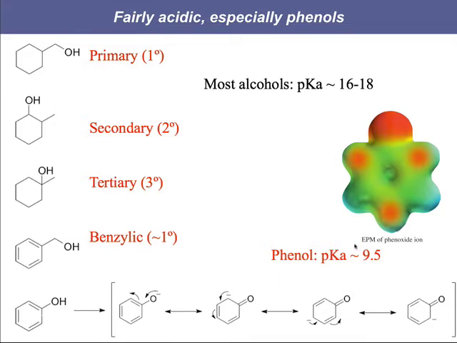The reason why phenol is so acidic is because the conjugate base, that is to say, the anion that is formed when phenol loses its alcohol hydrogen as an H+, is resonance delocalized. You can delocalize that negative charge from the oxygen to 3 other carbons in the ring.